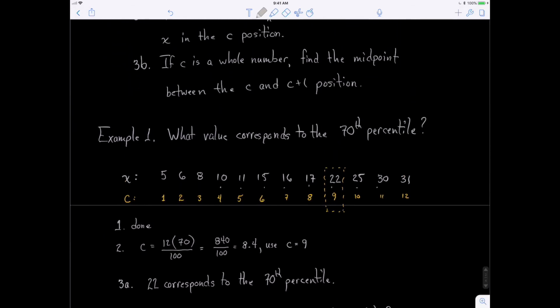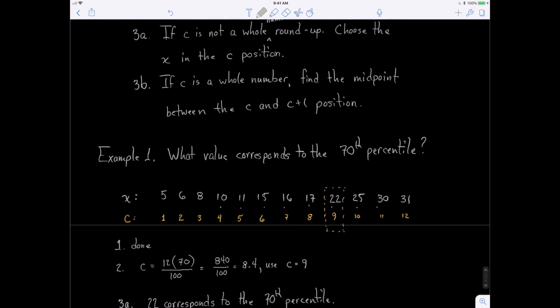Now go back to the directions. It says if C is not a whole number, but C is a whole number, so look at 3B. 3B says if C is a whole number, find the midpoint between the C and C plus 1 position.